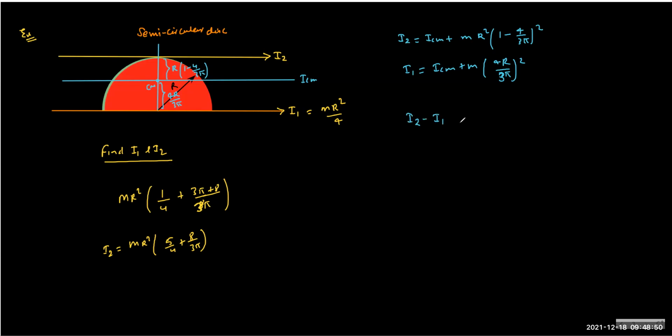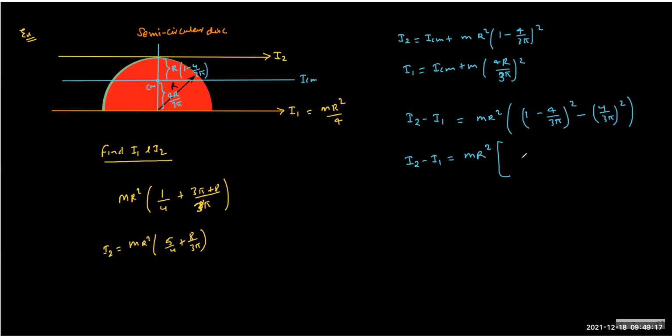I2 minus I1 is how much? m r square common, so 1 minus 4 by 3 pi whole square minus 1.